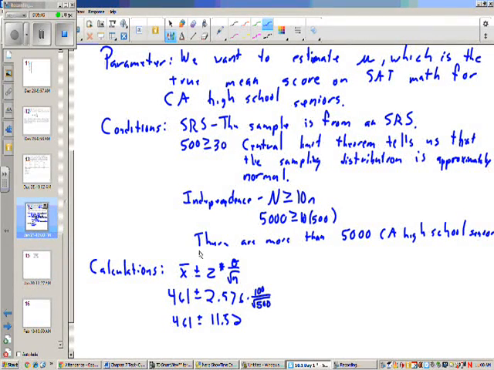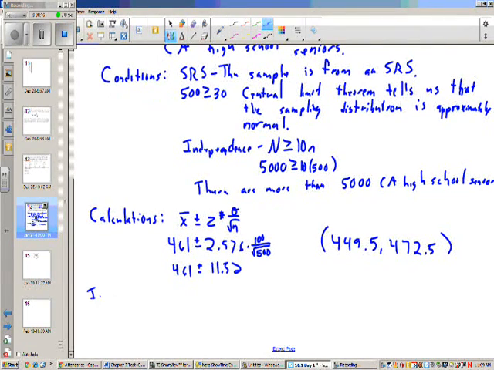Now when I subtract 11.52 from 461, I get 449 point, let's just say 449.5, and then when I add it, I get 472.52. So that is our confidence interval.